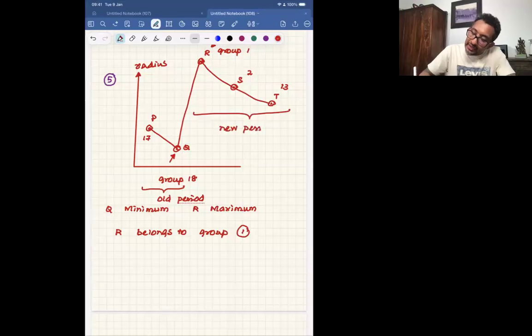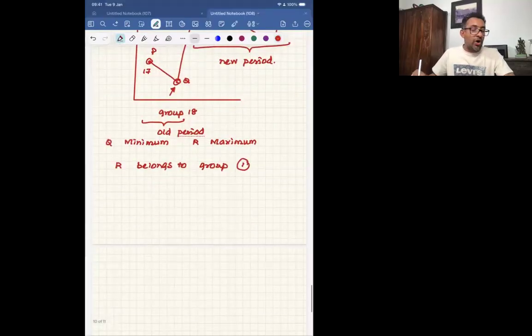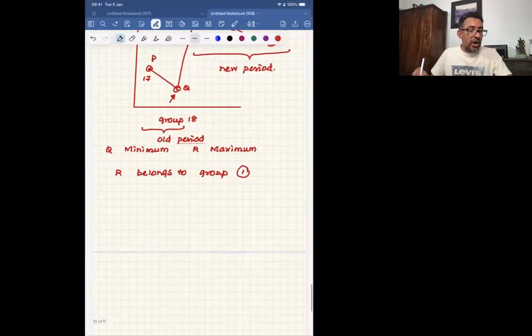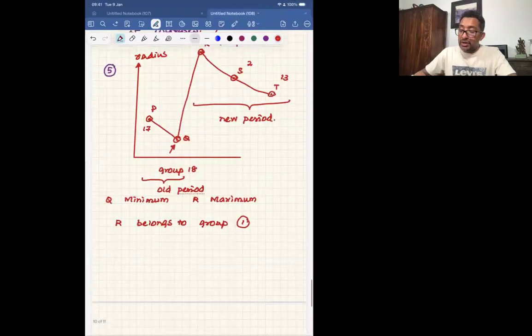That means you are adding one extra energy level. We don't know how many energy levels there are. You can't say this has only one energy level, and the other one has 3 energy levels. It can be period 3 and 4, period 2 and 3, or period 4 and 5. We don't know that. But because of the beginning of a new period, there is an extra energy level, right?